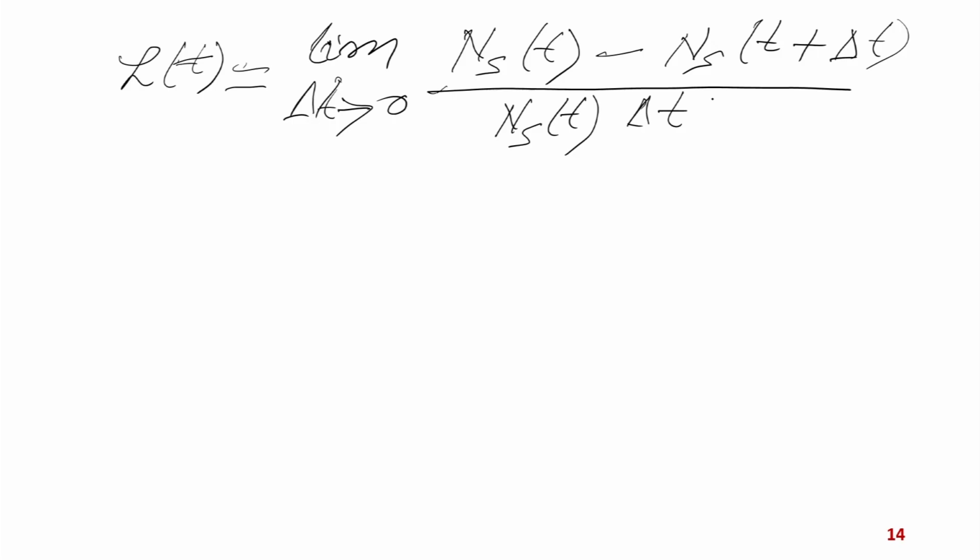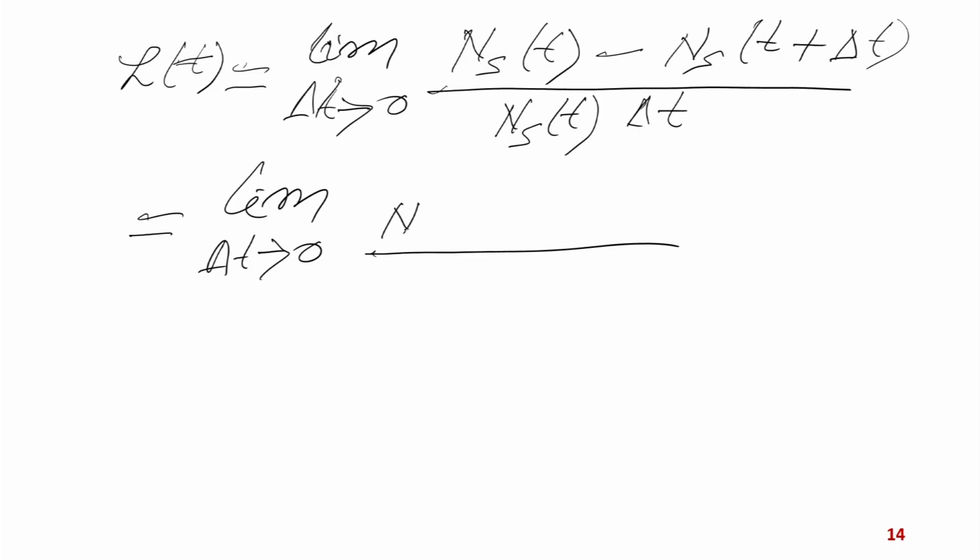Okay. Now, in f t, whatever we have derived, this n s t was not there. So, I can write this now in terms of f t. How can I do that? I will use the limit delta t tends to 0 of n s t minus n s of t plus delta t divided by n into delta t.